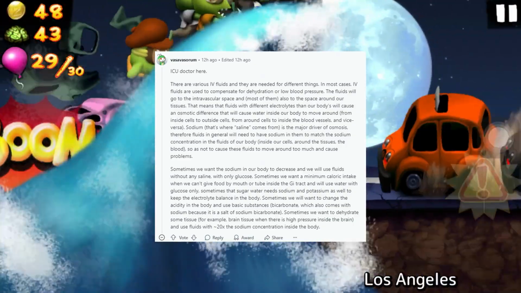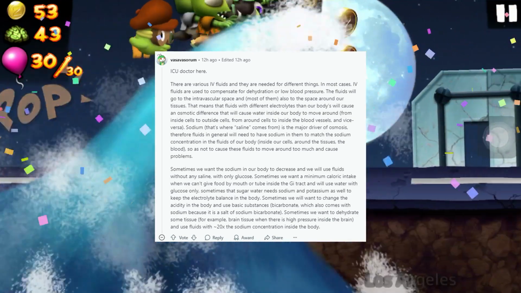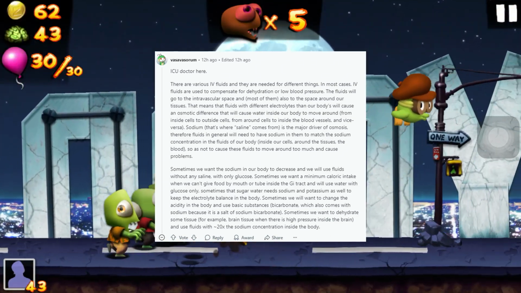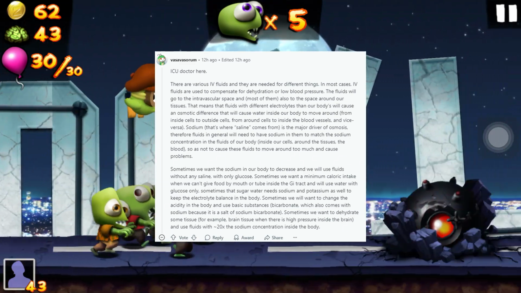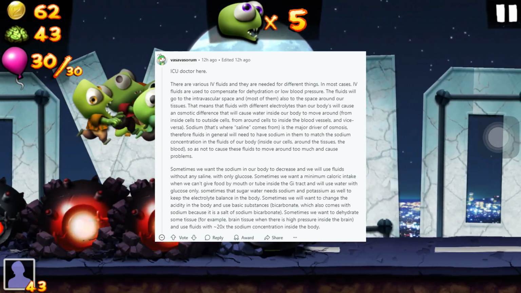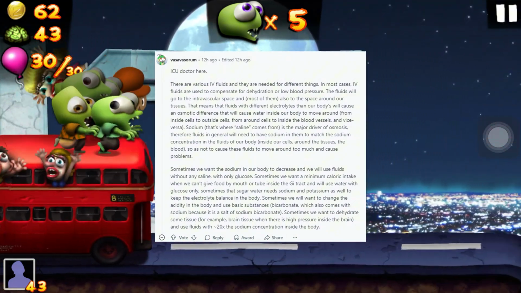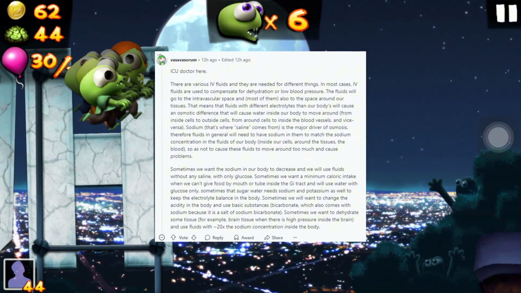Sodium, that's where saline comes from, is the major driver of osmosis. Therefore, fluids in general will need to have sodium in them to match the sodium concentration in the fluids of our body, inside our cells, around the tissues, the blood, so as not to cause these fluids to move around too much and cause problems.